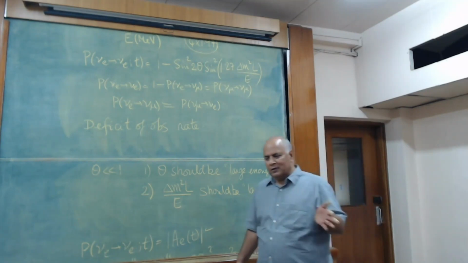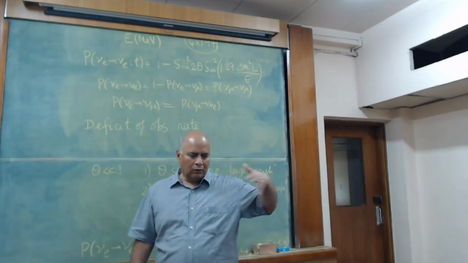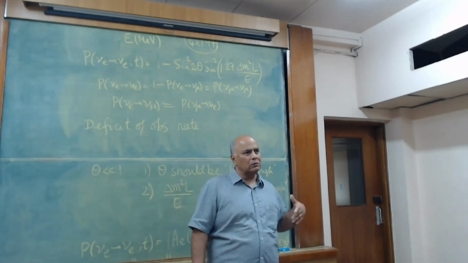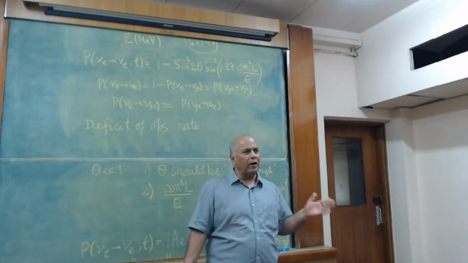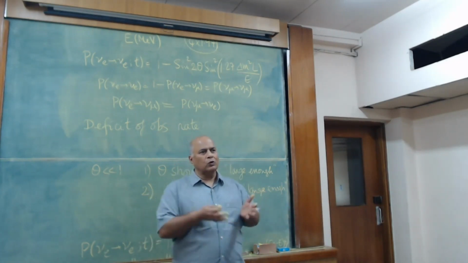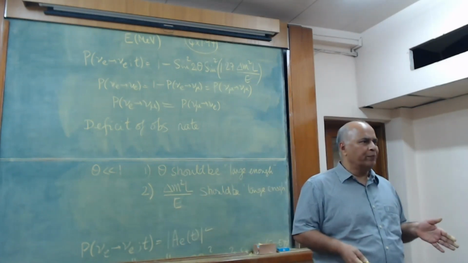And one of the reasons why people didn't take neutrino oscillations so seriously for a very long time is because nature chose the delta m square values to be very, very small.